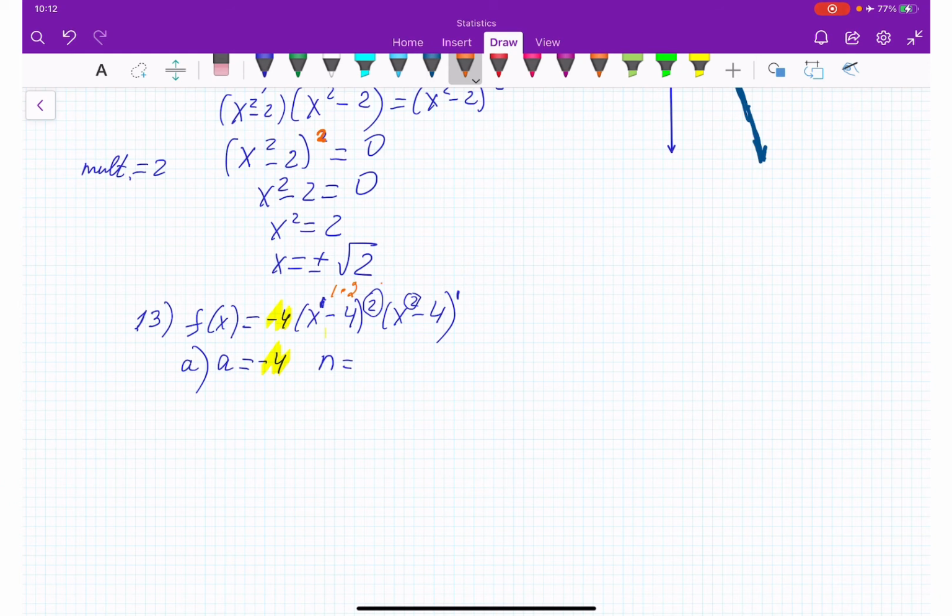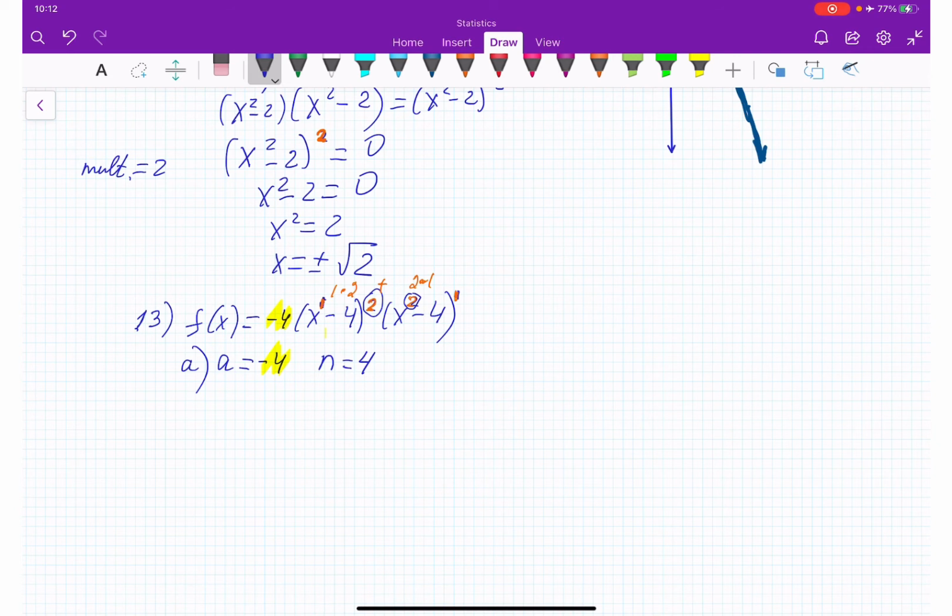And then plus, here I will have 2 times 1. So this is this 1. This is this 2. Here this is this 2. And this is the 1. So 2 plus 2 coefficient, and the degree is going to be 4. All right? That's how we calculate.